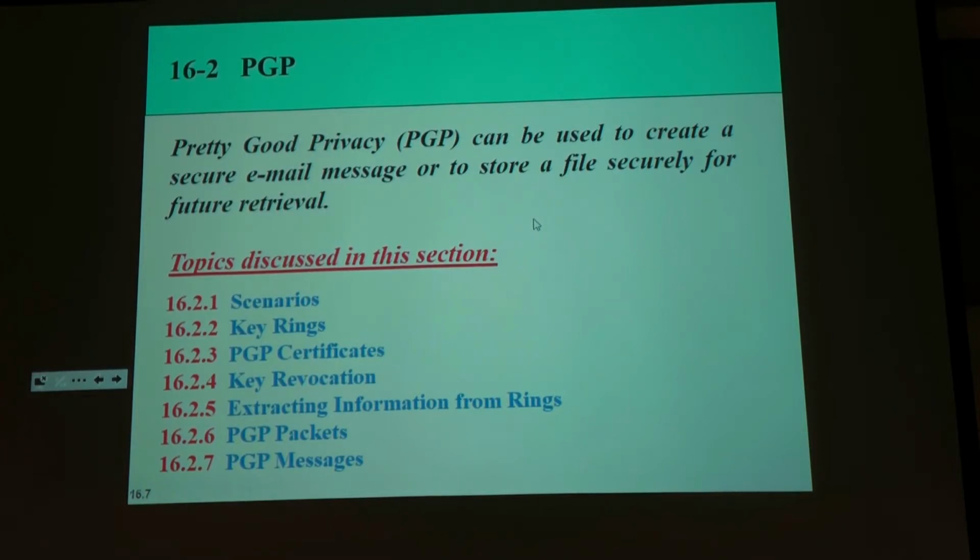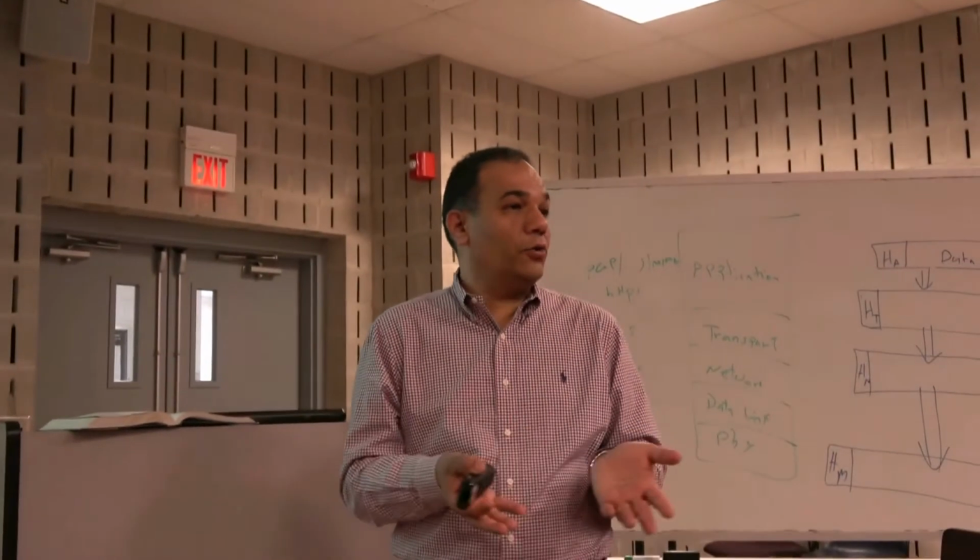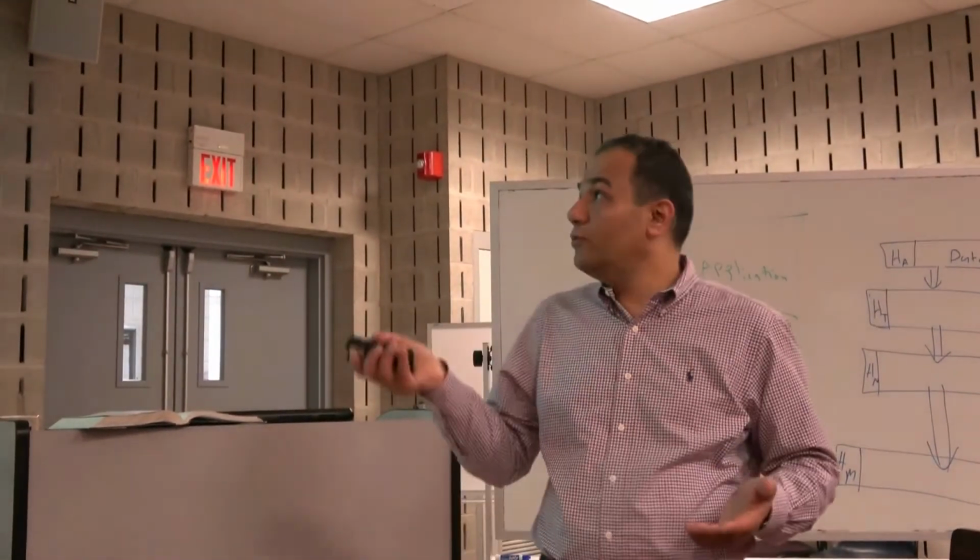So let's talk about PGP. PGP, Pretty Good Privacy, can be used to create a secure email message or to store a file securely for future retrieval. So either to send a secure email or to save a file secured. You could encrypt it and use PGP for that.